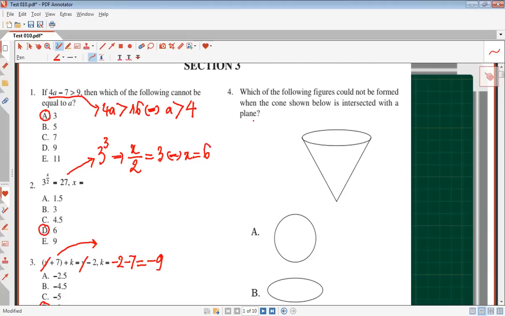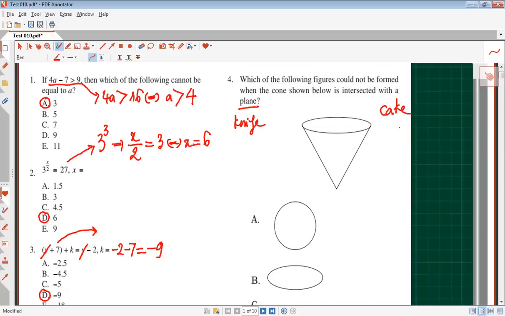We can imagine that the cone is like a cake, and the plane is like a knife, and we use the knife to cut the cake. We will check every option.